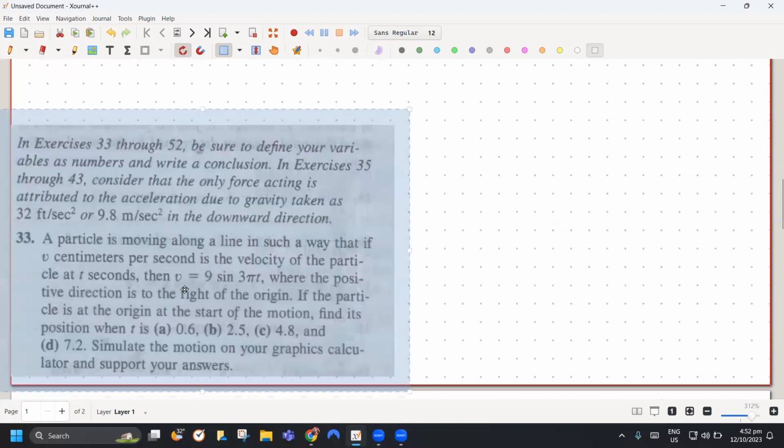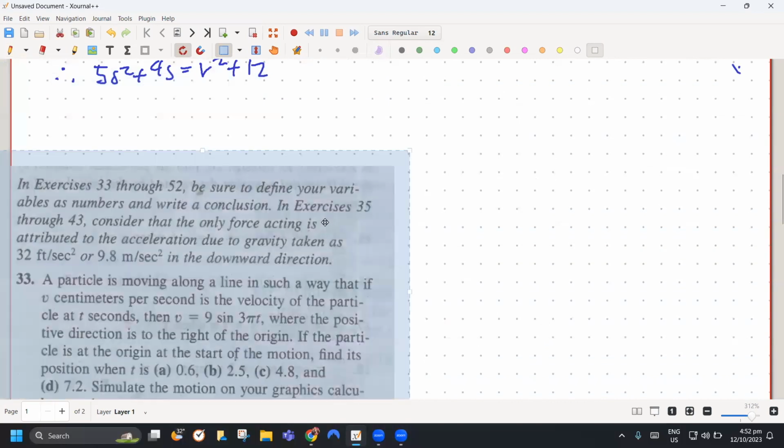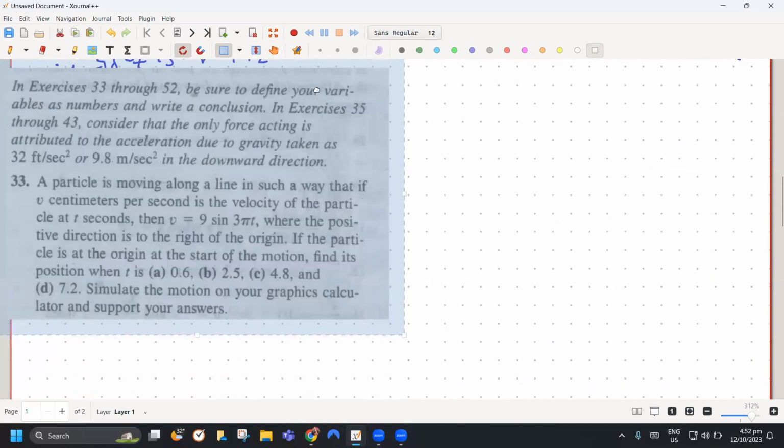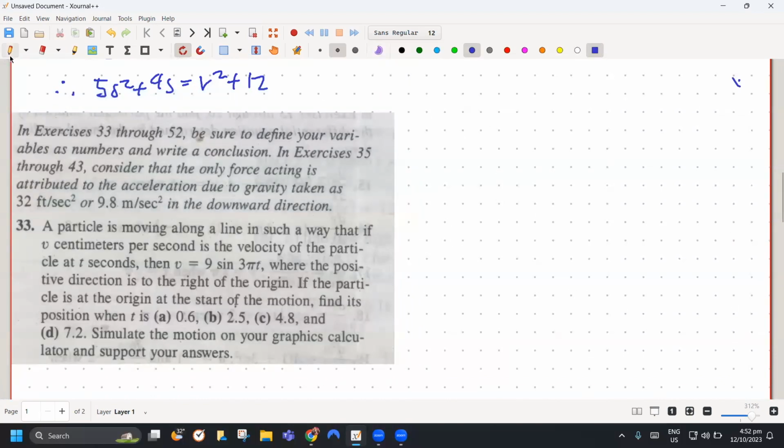Pero since analytically doable siya, substitute. So, find the S, I think, maybe. Okay, sige. So first, ano yung S in term S versus T para ma-compare natin. So integrate.